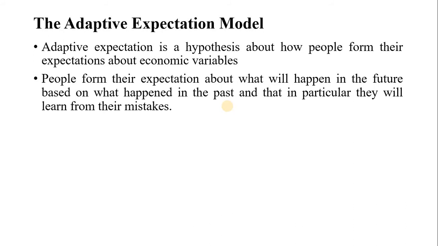So the adaptive expectation model or hypothesis is a hypothesis about how people make expectations about future economic variables. This hypothesis says that people make their expectations about what will happen in the future based on what happened in the past.